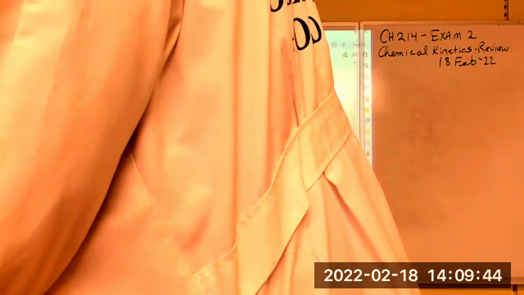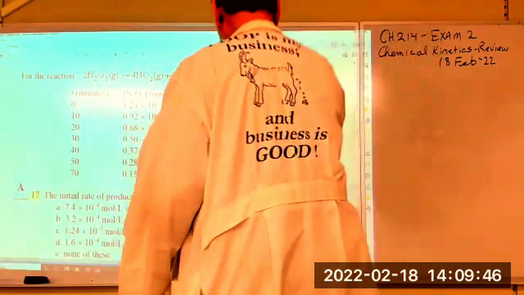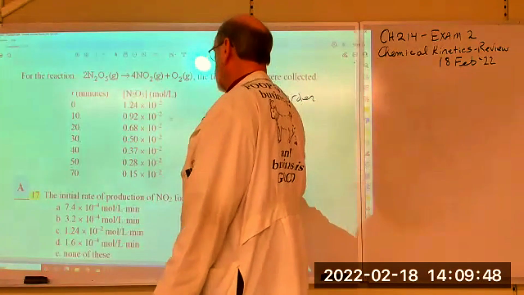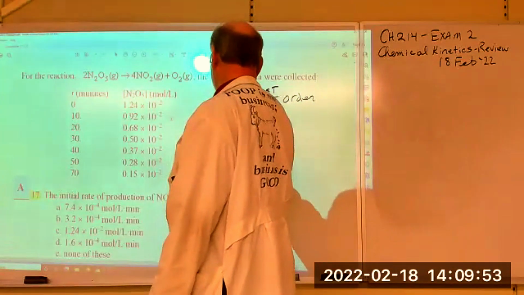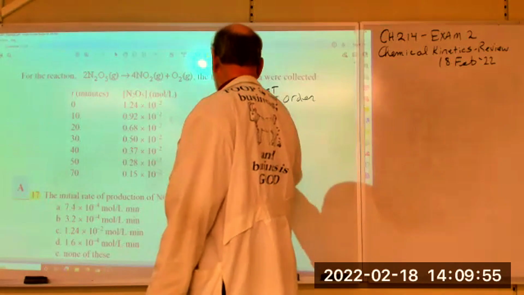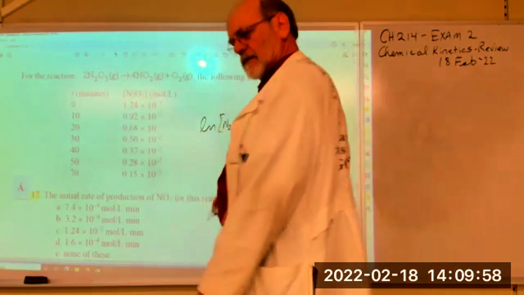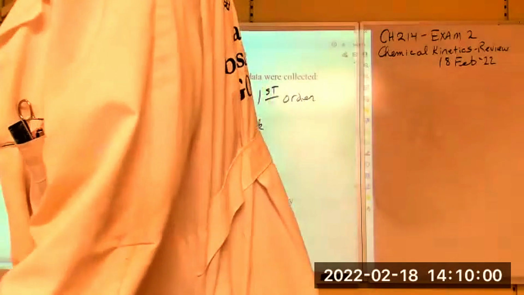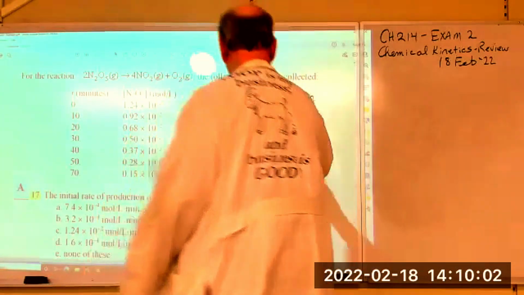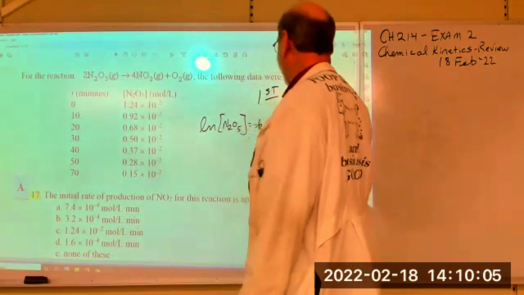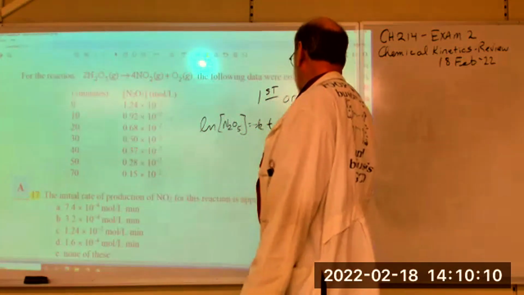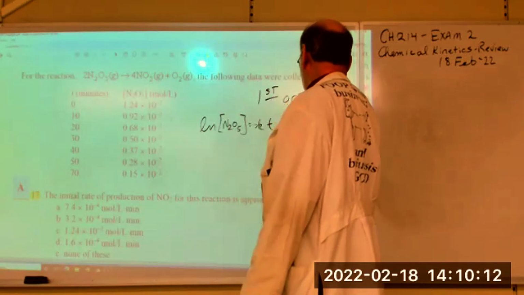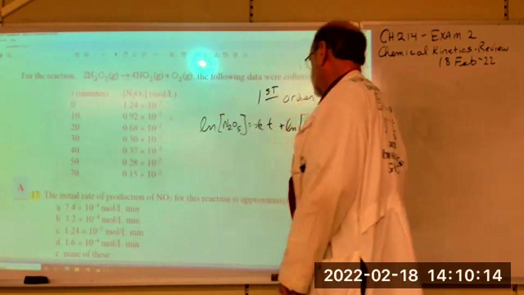Okay. Now that we know it's first order, then we know that the equation would be the natural log of N2O5 equals minus K times T plus the natural log of N2O5 at the beginning.